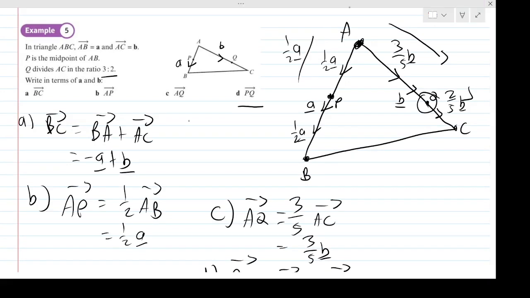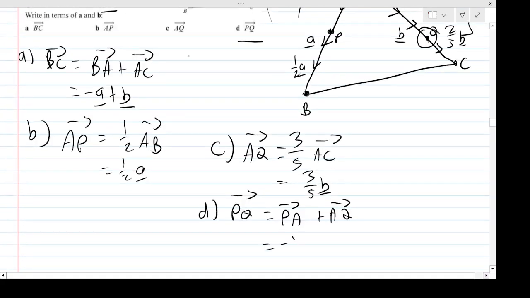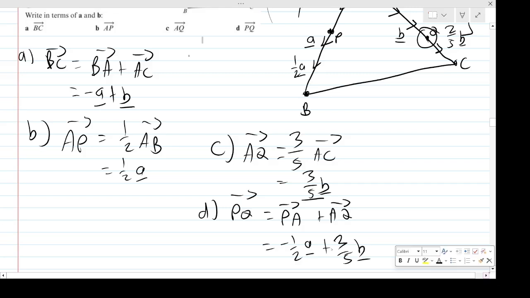So I need to do a negative of a half A, if I'm reversing the direction. So minus a half A. And then A to Q, we worked that out in part C. So it's just going to be 3/5 of B. And there we are. We can't simplify that anymore.